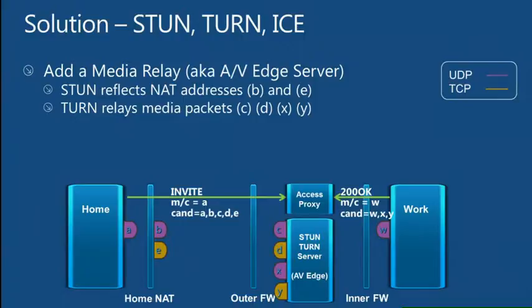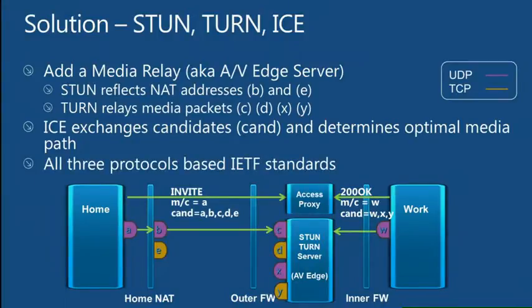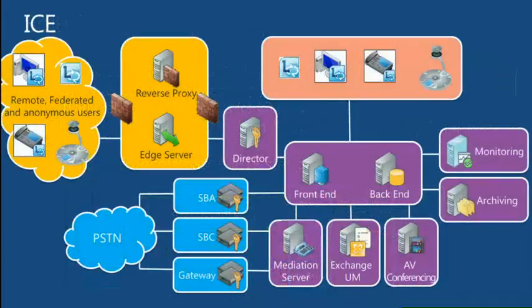So the Edge server also gives me relay addresses, so that in case we cannot establish a more direct path, we will still be able to talk over the Edge server as a proxy. ICE is the overall process that helps me to discover all my candidates, helps me to exchange them, and also helps me to find the best one so that we can have a media connection. All three protocols are based on IETF standards or drafts.